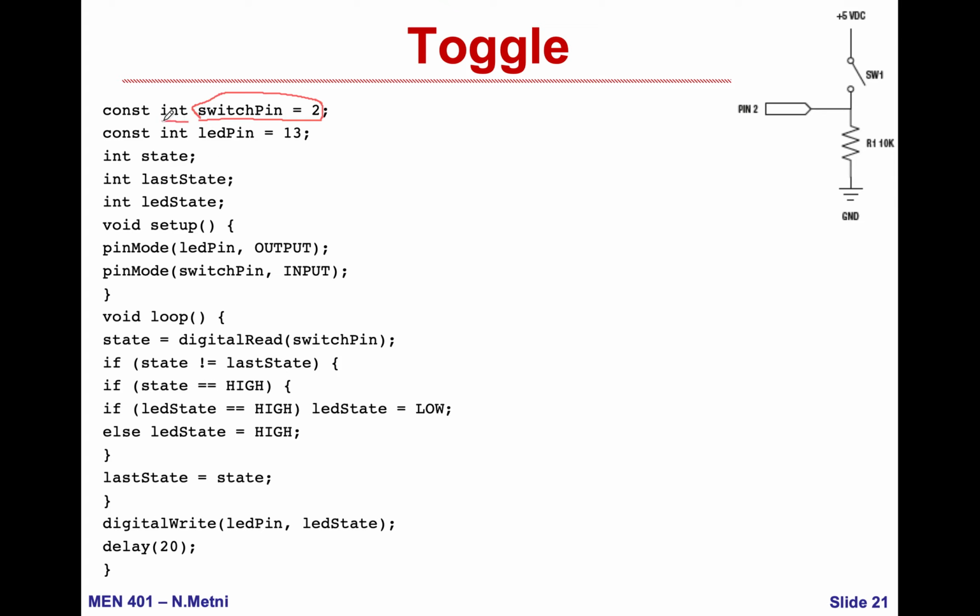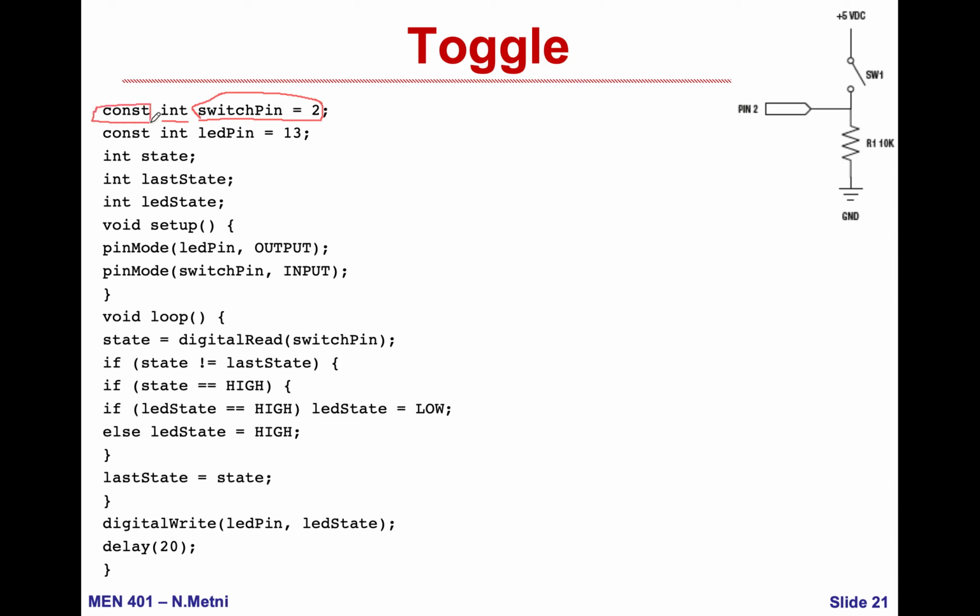I created an integer for it, because I need to specify to the Arduino how much memory this will take. Here I'm telling the Arduino, please take 2 bytes, because this is an integer. What is const? Const is constant.